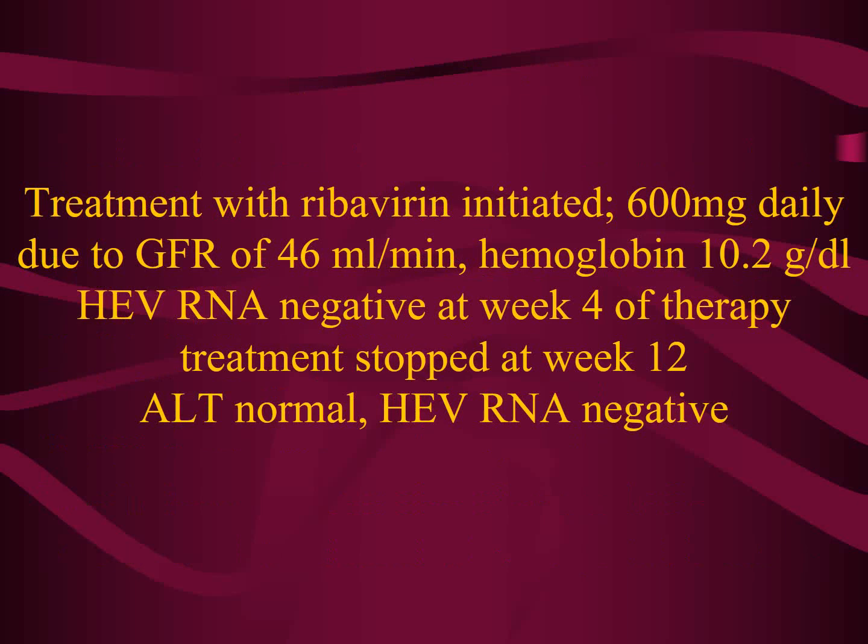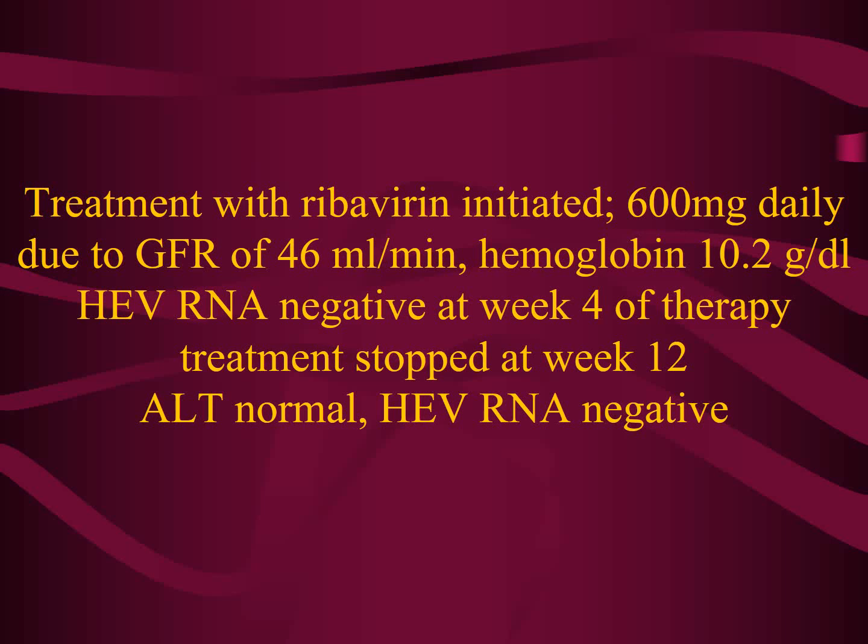Treatment with ribavirin was initiated at 600 mg daily due to a glomerular filtration rate of 46 per minute and hemoglobin of 10.2.